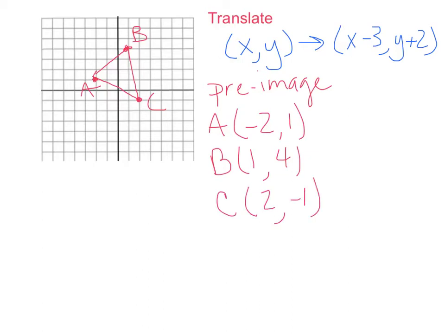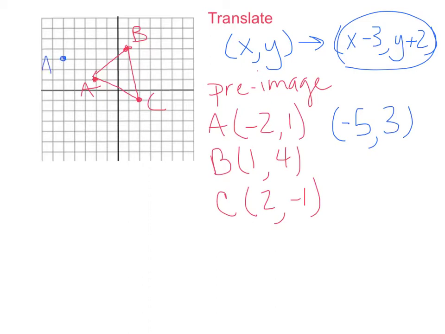If we're going to move everything in the same direction, this tells us how we're going to move it. We move X down by 3, so now the X coordinate is at -5, and for Y we're adding 2. So our new point is -5, 3.